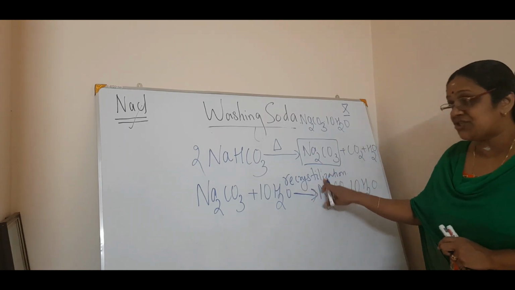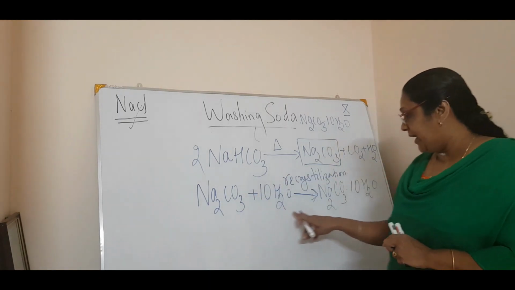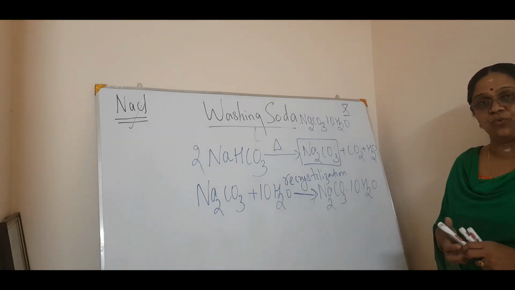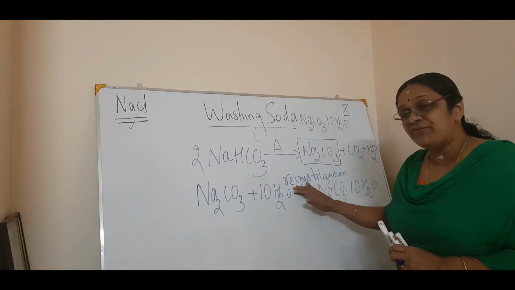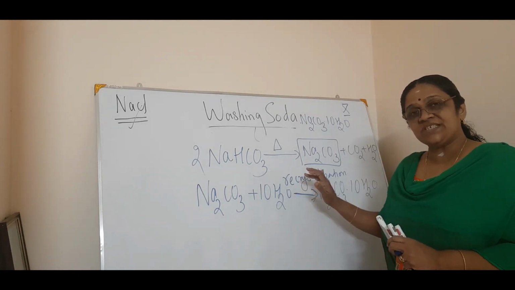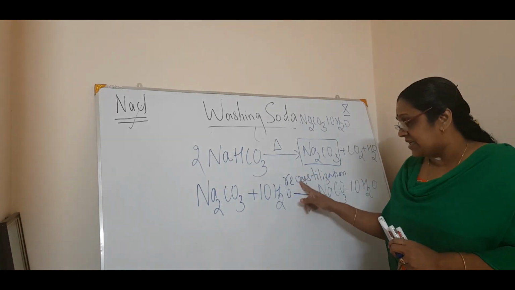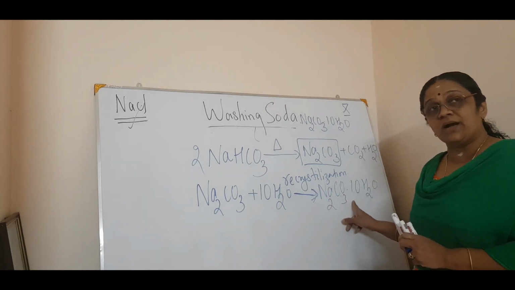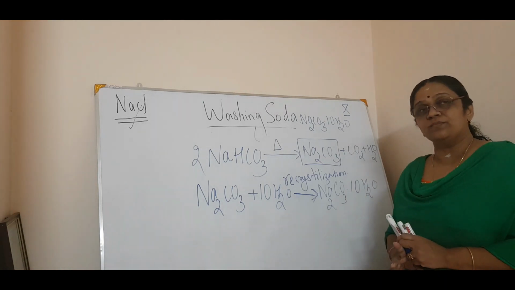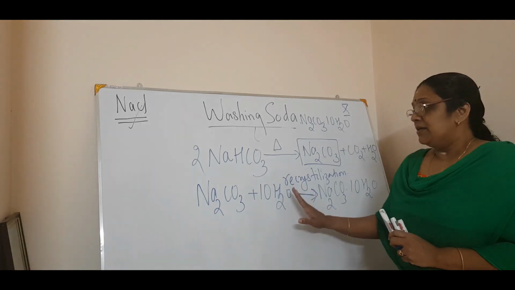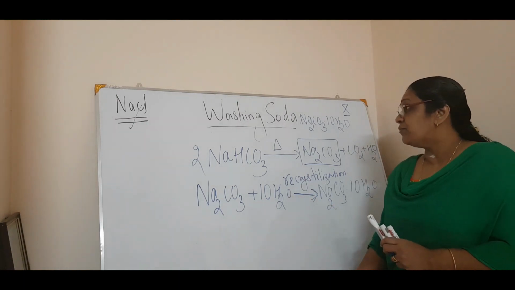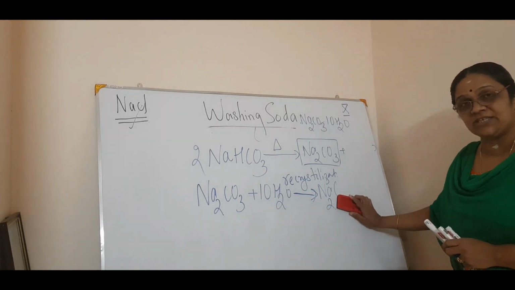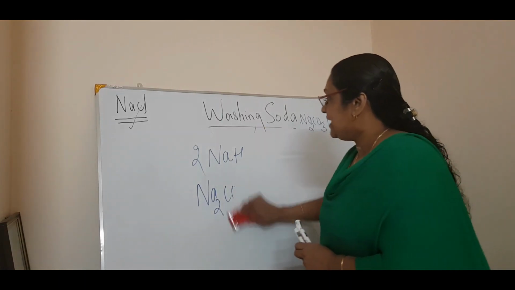On recrystallization of sodium carbonate, you will get washing soda, that is sodium carbonate dot 10H2O. This point you have to write if the question is asked for the preparation. Correct? So the preparation is clear for you, and the value point you have to note is recrystallization.